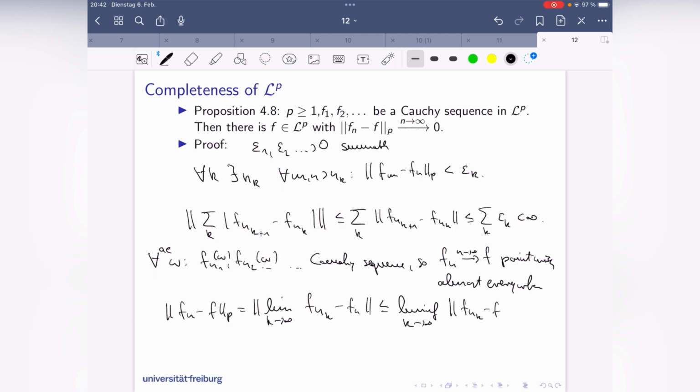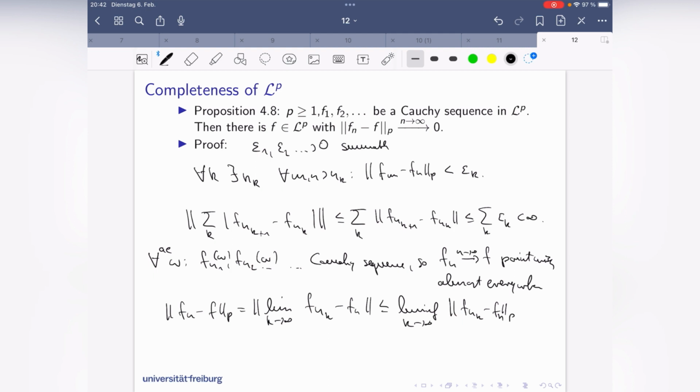So fnk minus f, and the p norm of fnk minus fn. That's because I just pull out the limit here and use the lim inf, so that's this thing here.